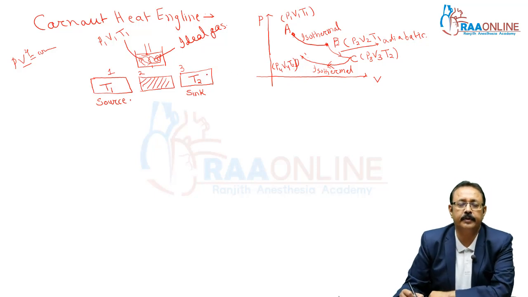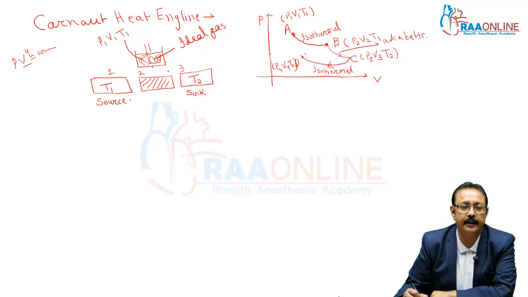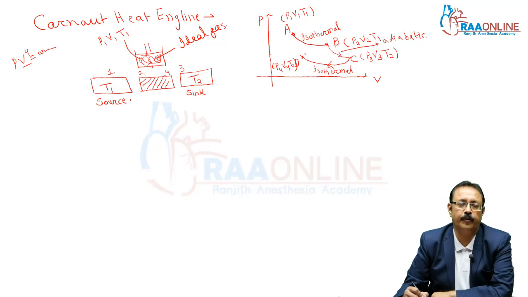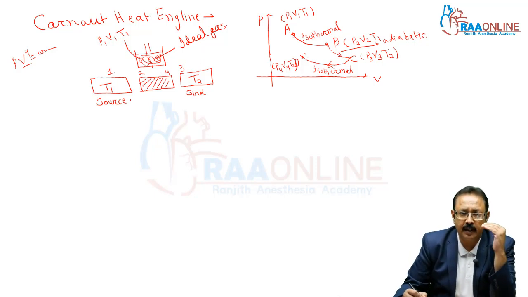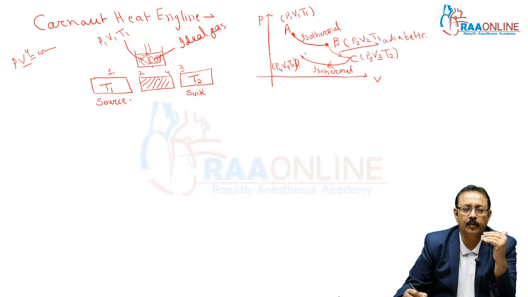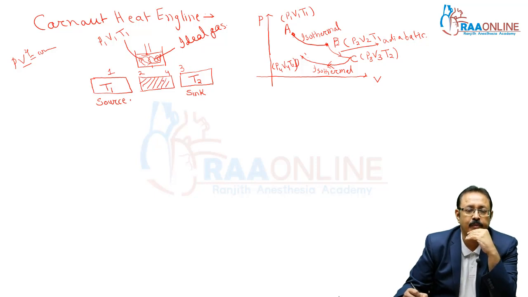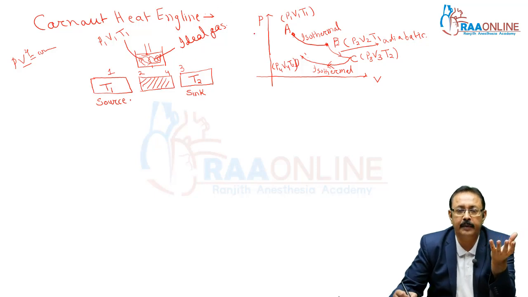Now we will put this working substance again on the fourth platform. We start compressing the gas. Since heat cannot go outside because it is a non-conducting platform, it will increase the temperature of the gas. So again temperature is increasing. Since pressure is increasing, volume should decrease.